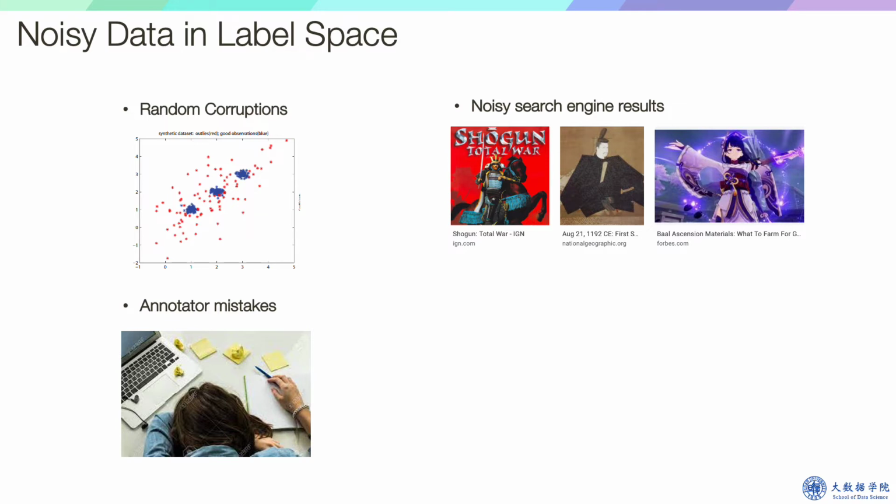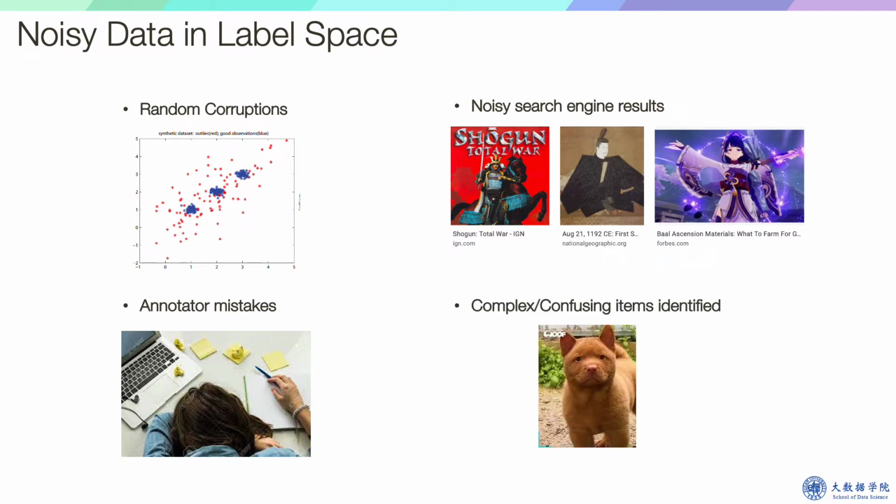However, if you search Shogun in Google, it may return a historical figure or a game character, but usually not both are expected. Also, we may collect some complex or confusing images that are hard to distinguish. For example, this is a dog but looks like a cat.